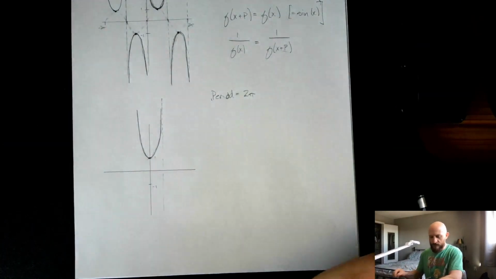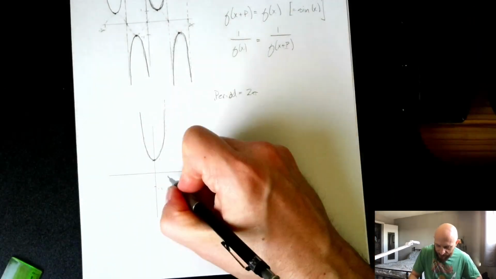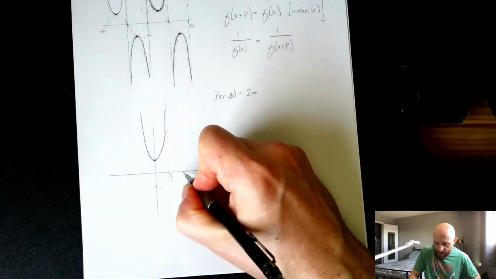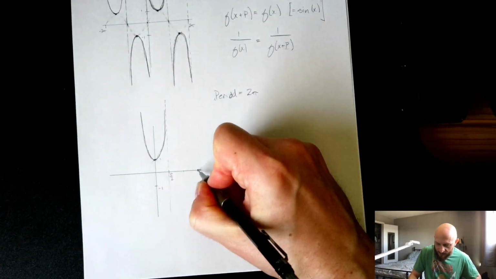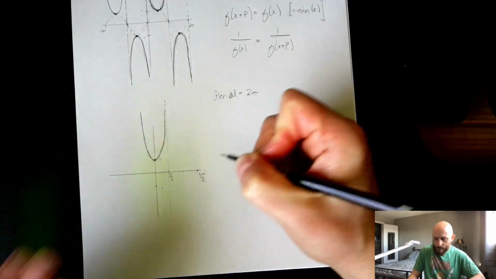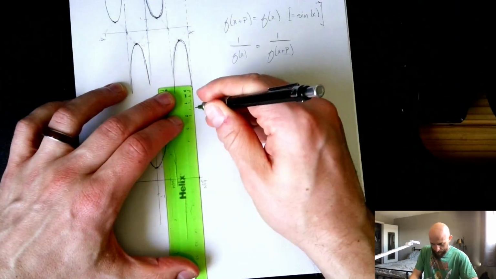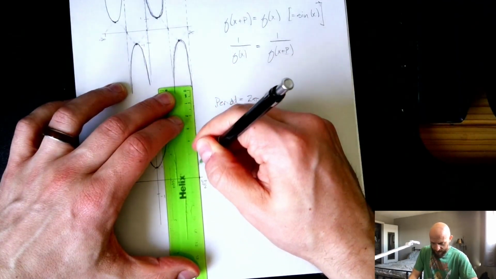When is cosine 0? At the odd multiples of pi over 2. So here's pi over 2, and then maybe here would be pi, and then here's 3 pi over 2. So I'm just putting in my asymptotes.